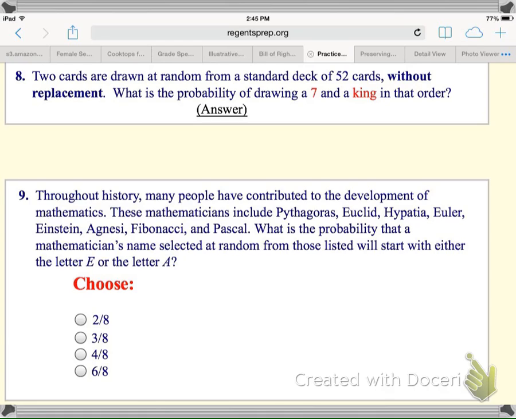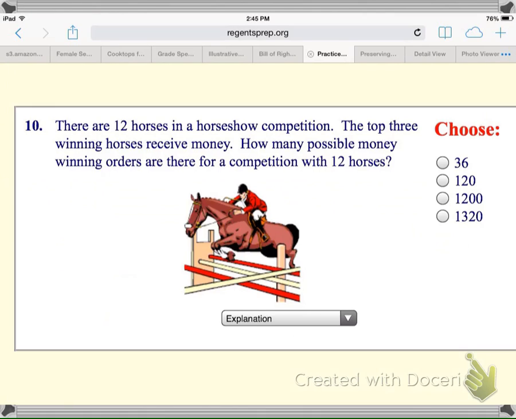If you count the ones that have an E or an A here, we have 1, 2, 3, 4, and there were 8 total. 1, 2, 3, 4, 5, 6, 7, 8, and so 4/8 is the correct answer on that one, which should have been simplified to 1/2, because you will rarely see probability that's not simplified.